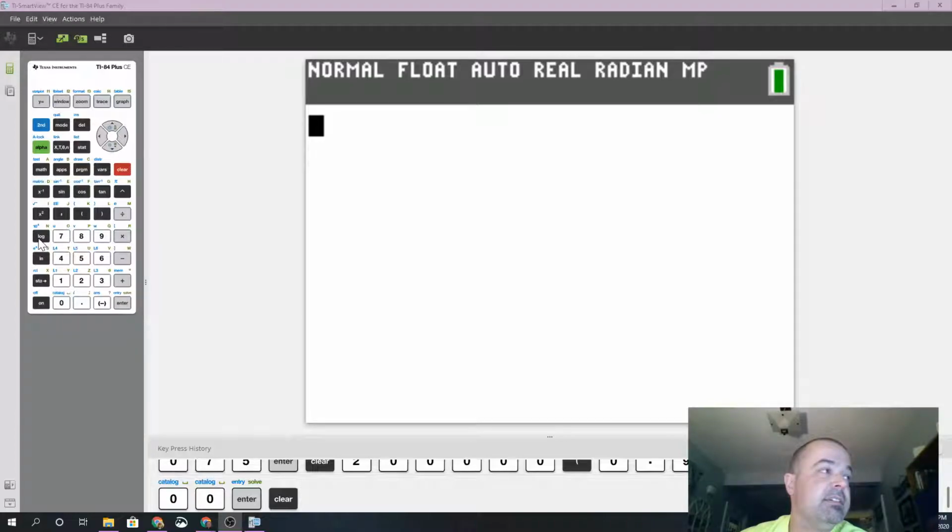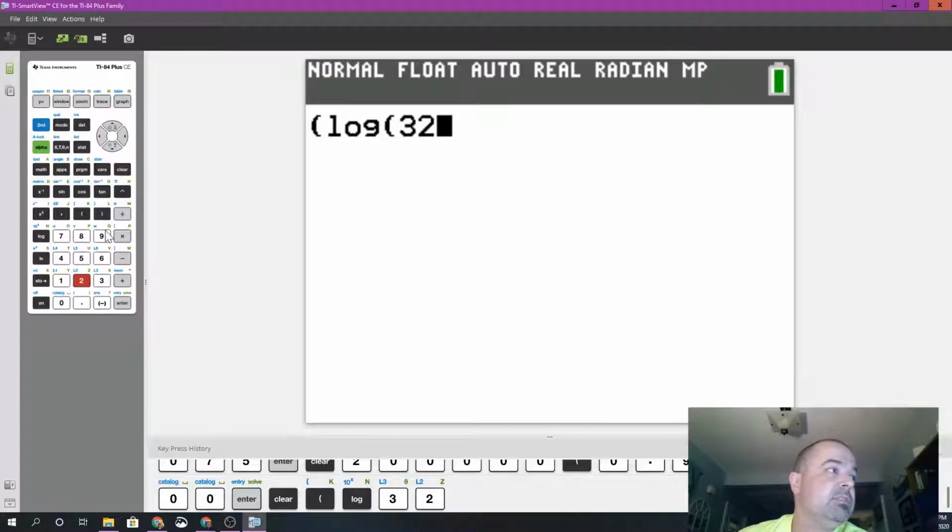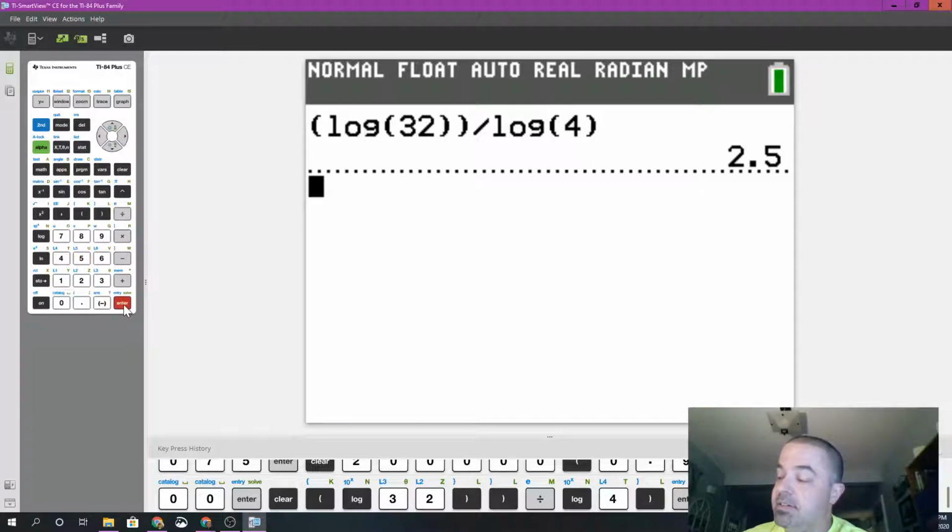Okay, so in order to do this, I'm going to put parentheses, and I'm going to do log of 32, close the parentheses, divided by log of 4, and close the parentheses, enter, and that's 2.5, and that would be my answer here, okay?